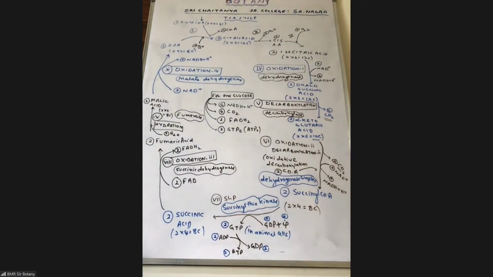If it is plants, directly ATP. If it is animals, first GTP, then ATP. So what does GTP stand for? Guanosine triphosphate, Nana. Like ATP is adenosine triphosphate. Got it. That is also a nucleotide.